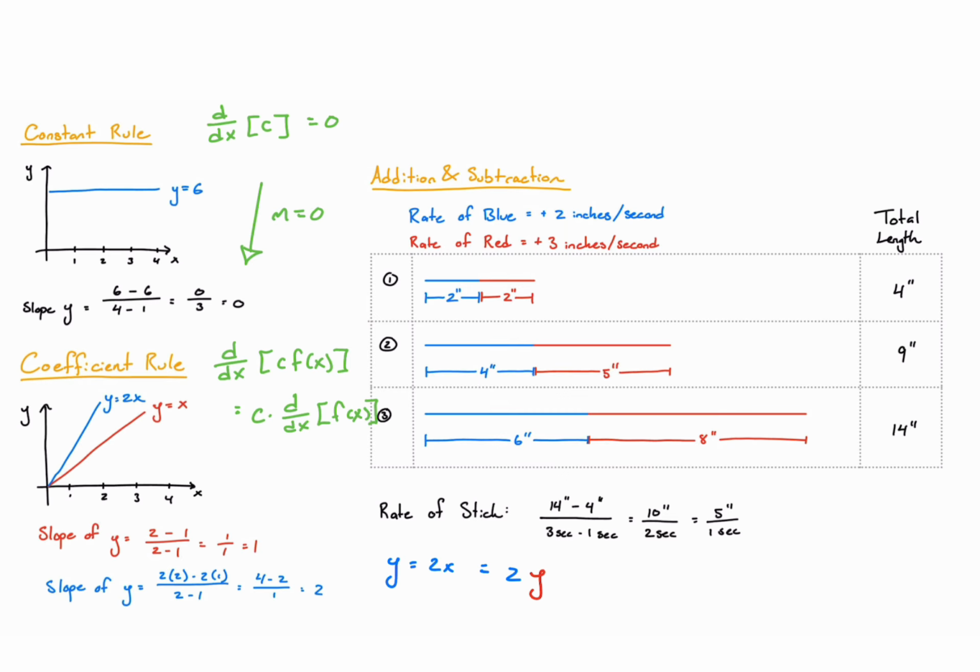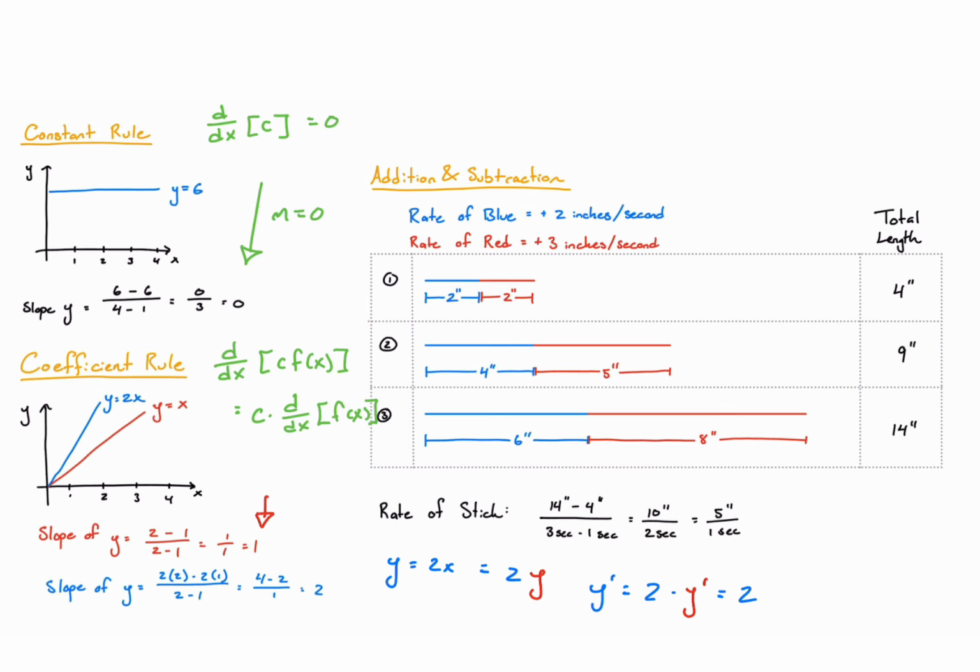And we know that the derivative of the red y is going to be 1. And so the derivative of the blue y is going to be 2 times the derivative of the red y, which is just 1, and so the derivative of the blue y is 2.